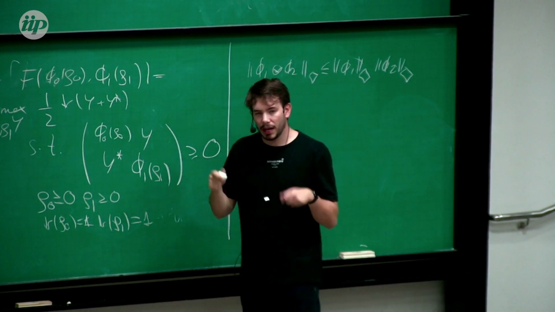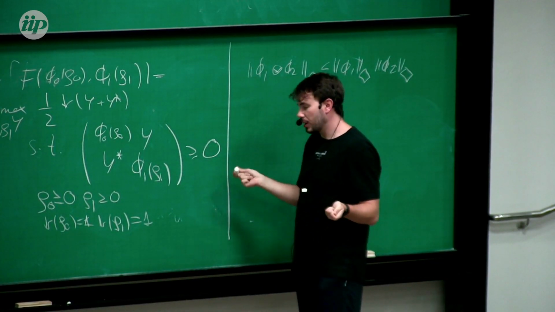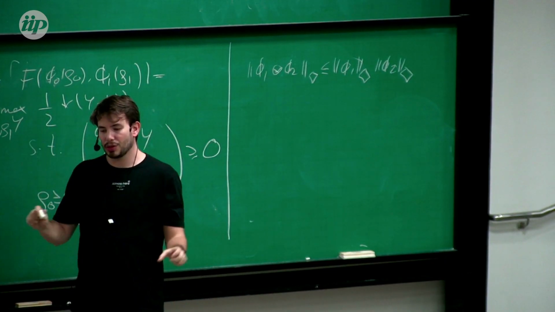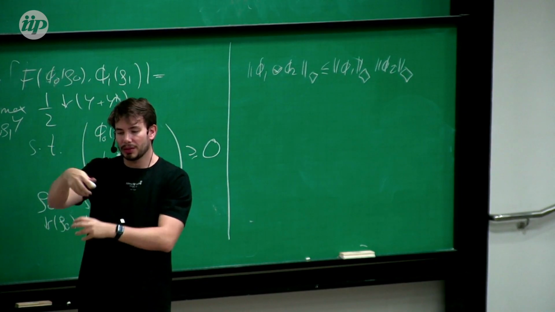And this is why notions like these completely bounded norms are important when you're analyzing complicated systems which correspond to lots of different parts, and you only know how to control them individually.